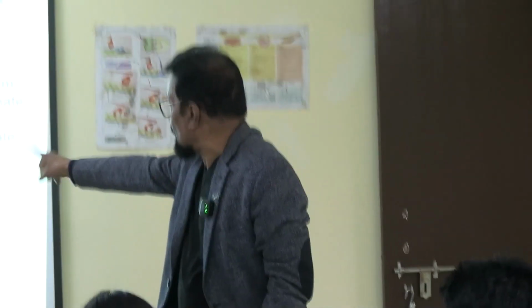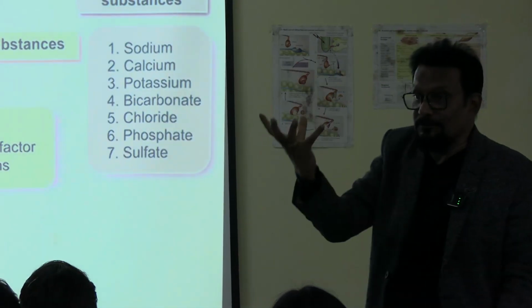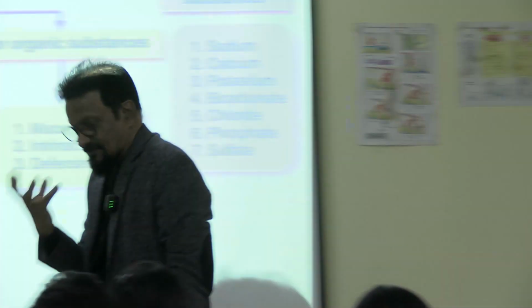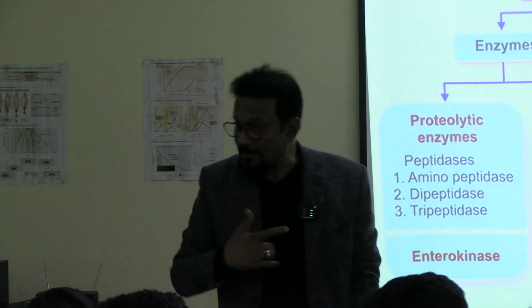So they will come into action. Two sources: one source is this, another source is pancreatic juice. In pancreatic juice there is no 1,4-glycosidase here. So all the rest part of starch digestion will be completed by pancreatic amylase.